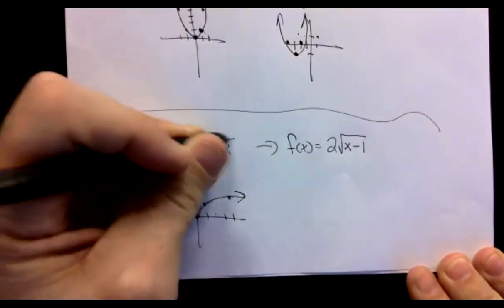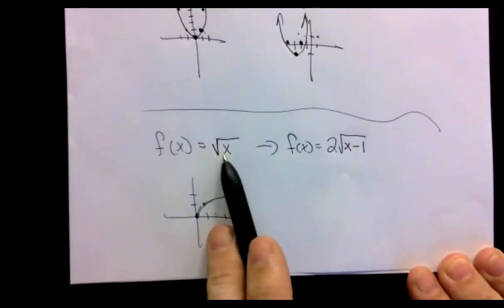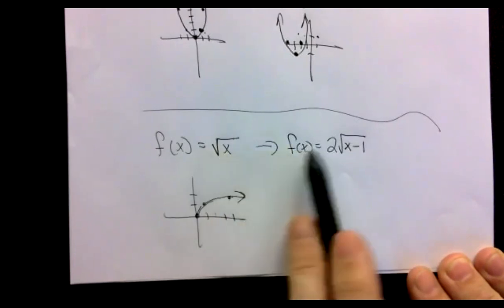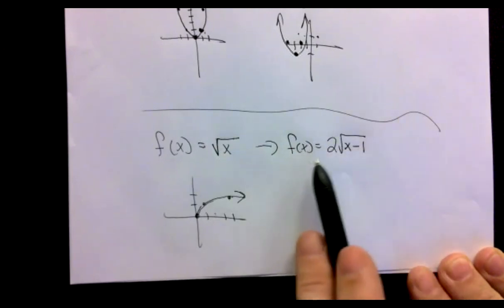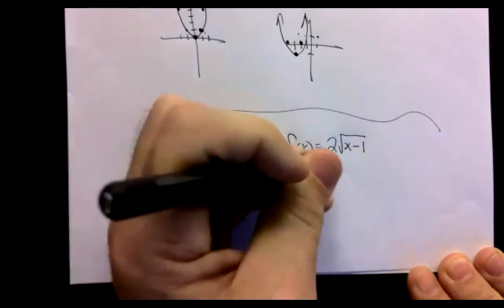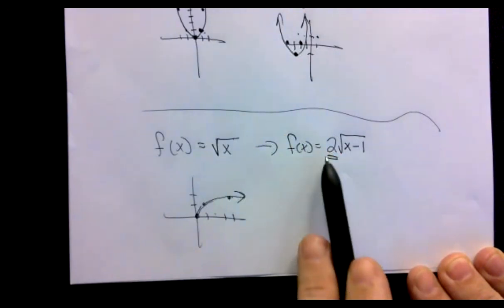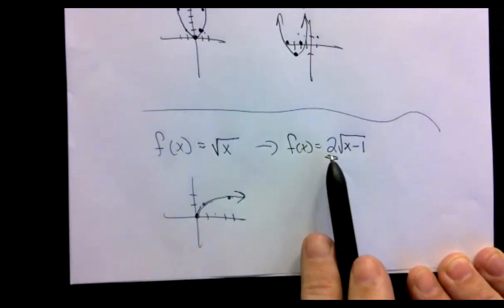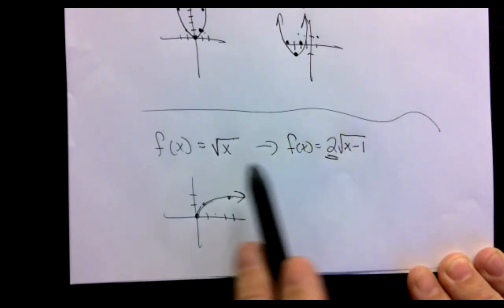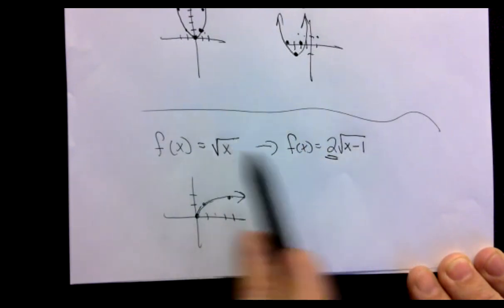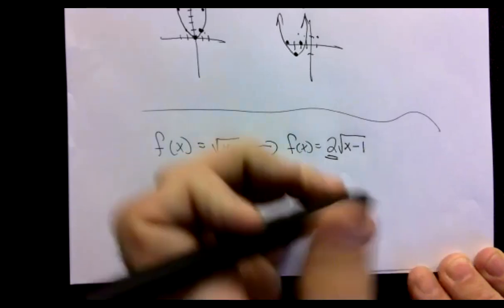So again, square root of x represents my original function. My question is, what are we doing to this? Now we've got a multiplier. We're not adding or subtracting anything outside. We have a multiplier, so this is the same as that a value. That's going to stretch or shrink my graph. And this -1 being inside of the square root makes it an h.